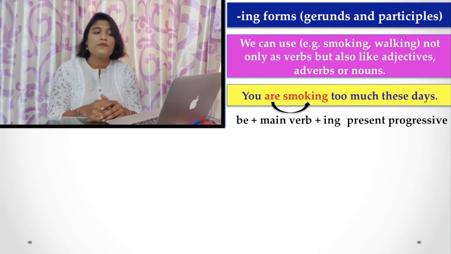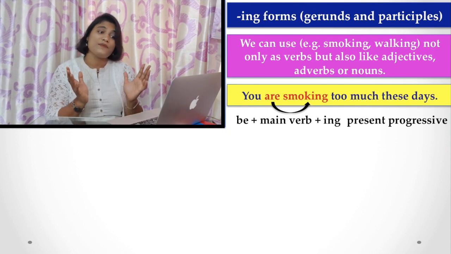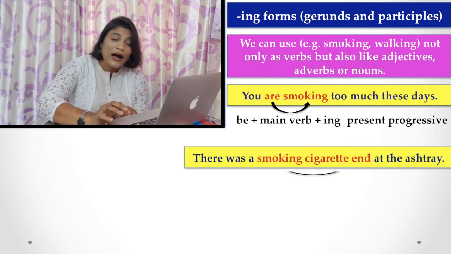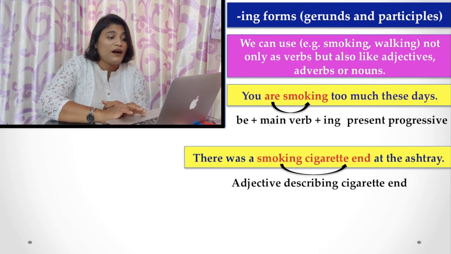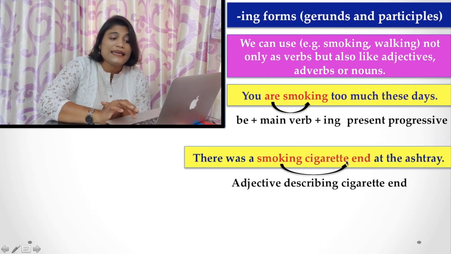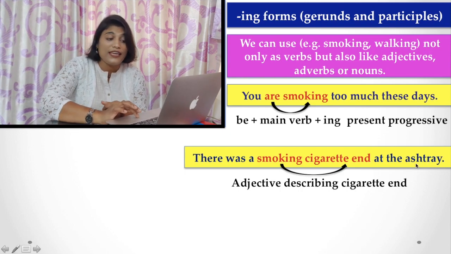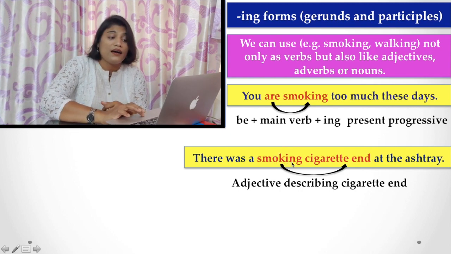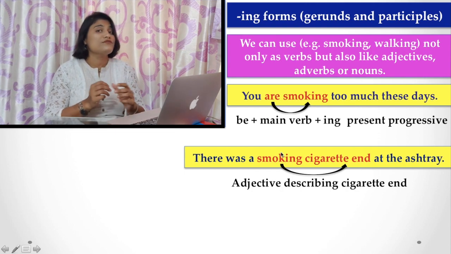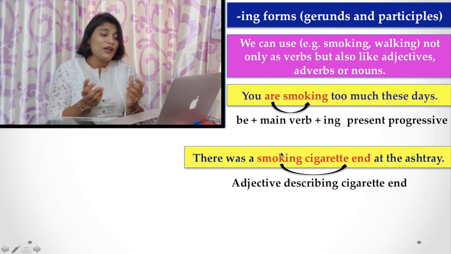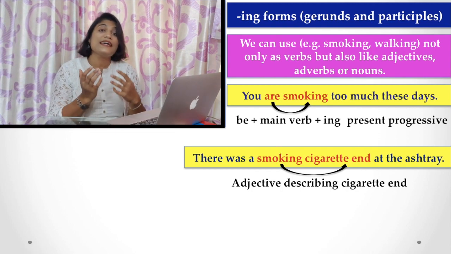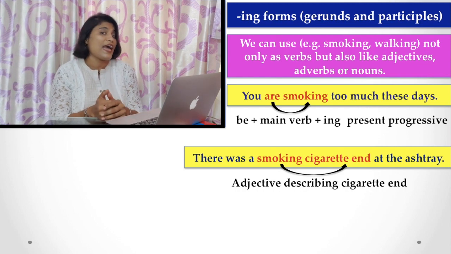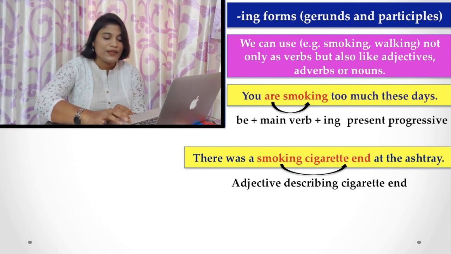It is an example of present progressive tense. But if I say, there was a smoking cigarette end in the ashtray, here the word smoking is not used as a verb. Because why? Because it describes the cigarette end, so it acts like an adjective.